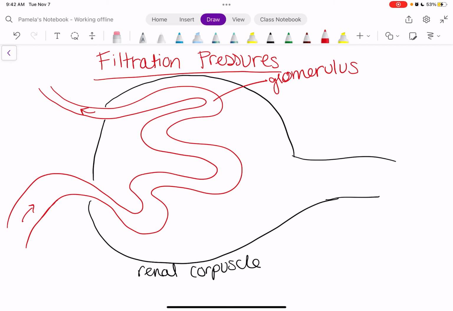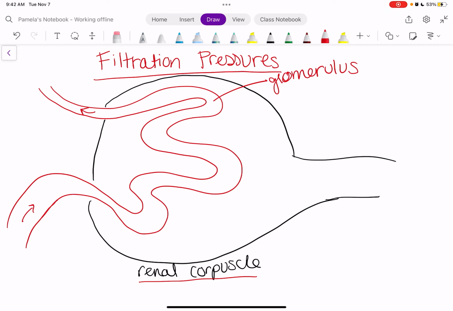And so one of the things that's really interesting about the glomerulus is that every day, if we take into account the millions of glomeruli we have in both kidneys, okay, remember, this renal corpuscle is a microscopic structure in our kidneys. It's very tiny. And we have millions of these in each kidney.